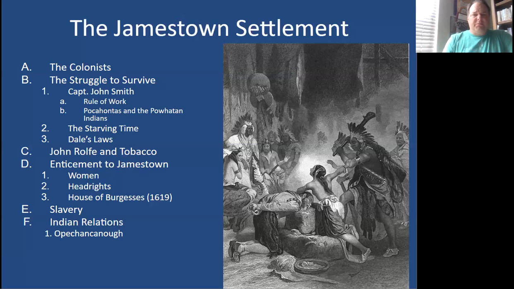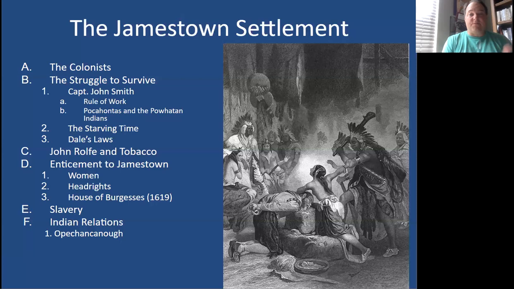And John Smith decides to make it a rule among the colony that if you are not working for the good of the colony, if you're not out plowing the fields, clearing the land, it's trees everywhere in Virginia, if you're not trying to establish a good farm here, then you do not get to eat of the provisions that the company has brought with them.